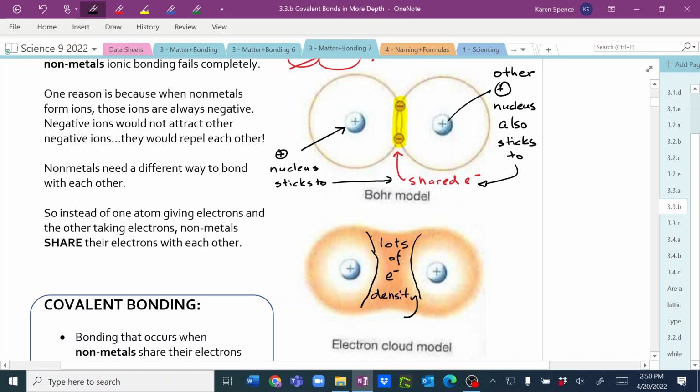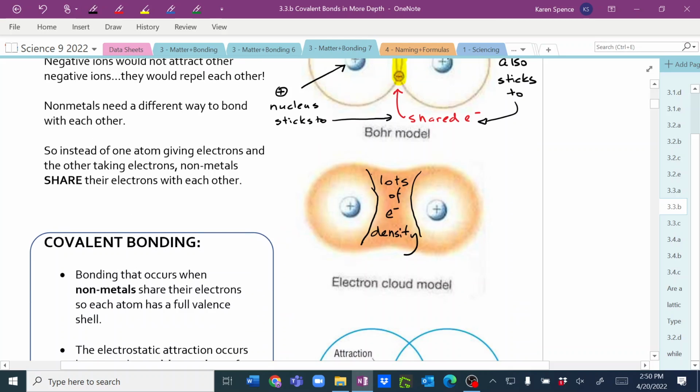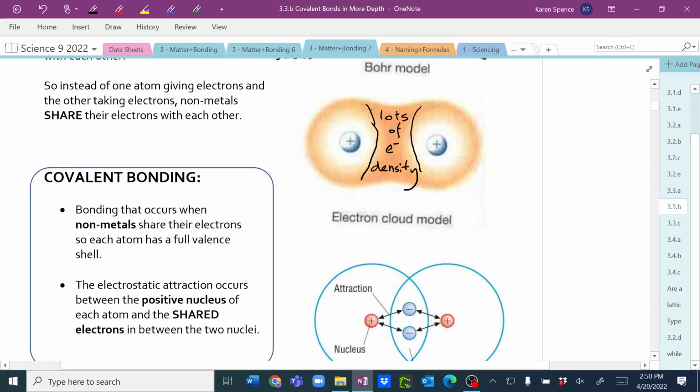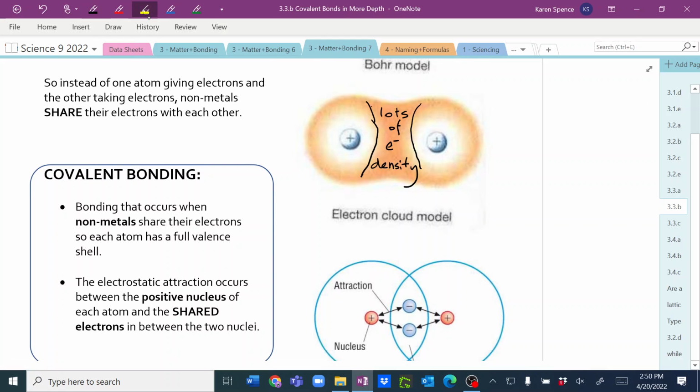Yes? So that's our bond. So there's lots of electron density in between those two nuclei. So nonmetals must share their electrons in order that each atom has a full valence shell. Does either atom have a charge?